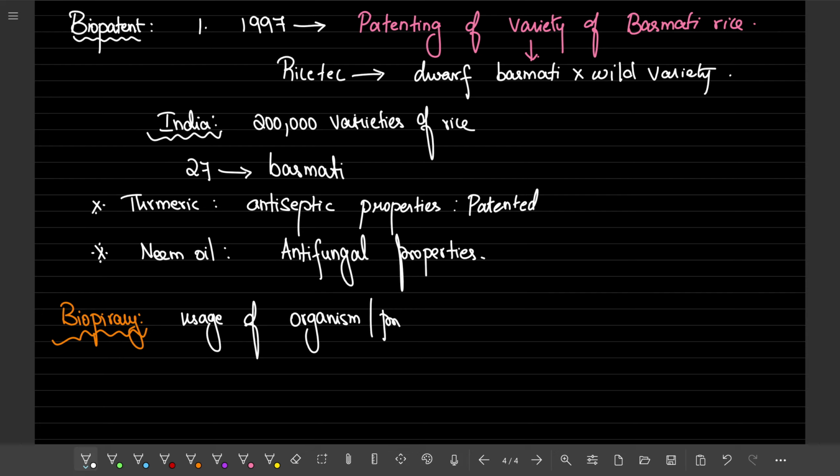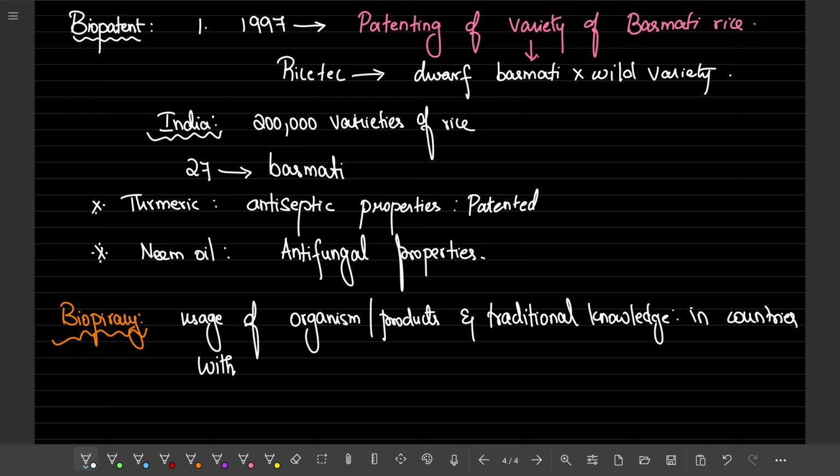One more topic related to this is biopiracy. Now this is the usage of organisms or the products from these organisms and the traditional knowledge, which will all be present where? In developing or underdeveloped countries only, okay?